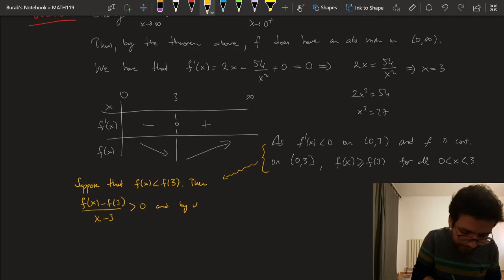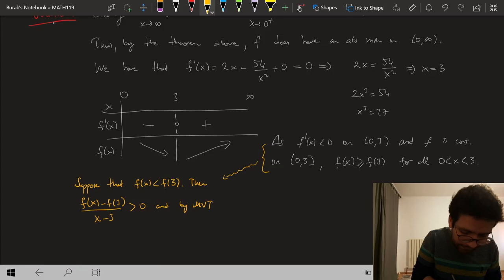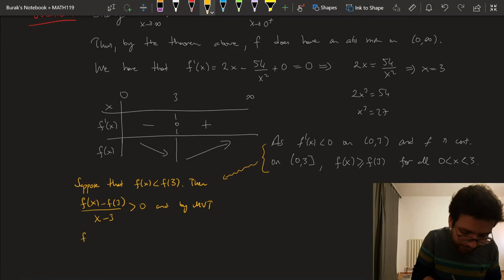And by the mean value theorem, this is equal to f prime of c for some c between x and 3.